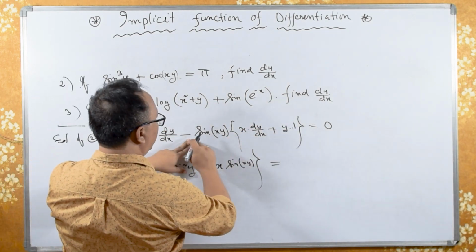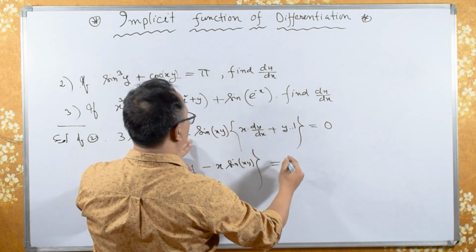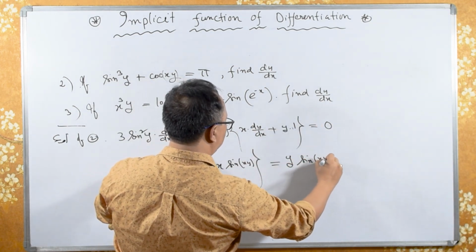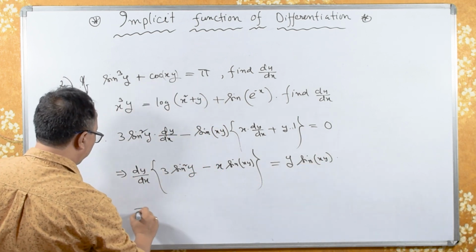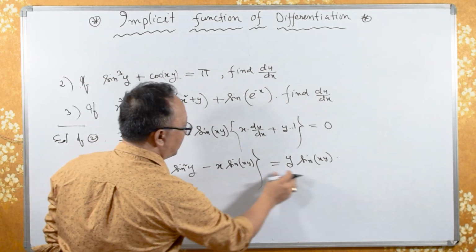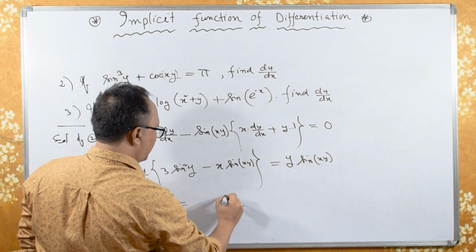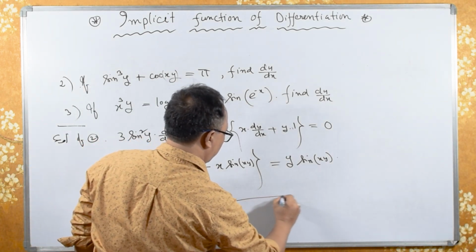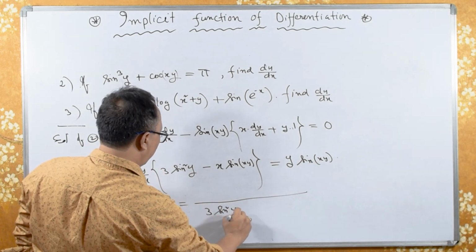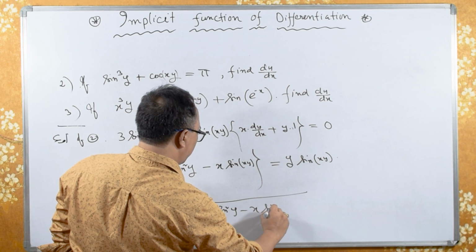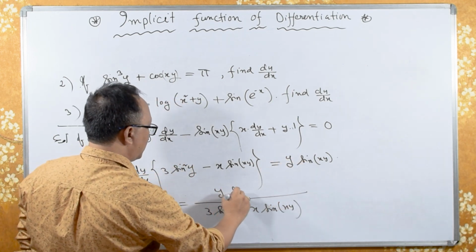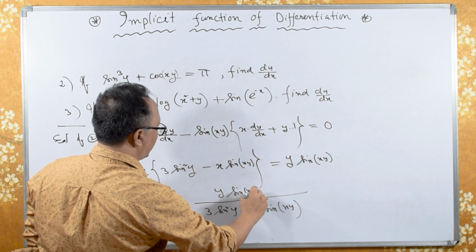Here we have minus, it becomes a plus y into sin of xy. Therefore dy by dx, sending the whole term down, we have 3 sin square y minus x sin of xy upon y sin of xy.